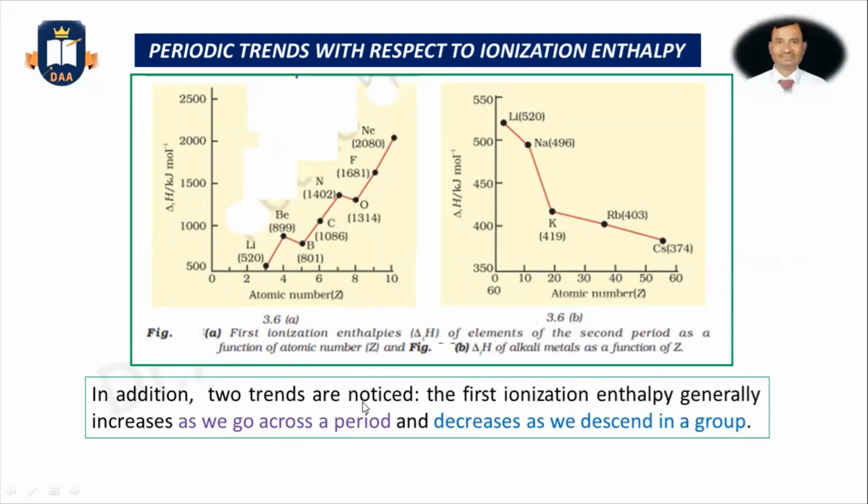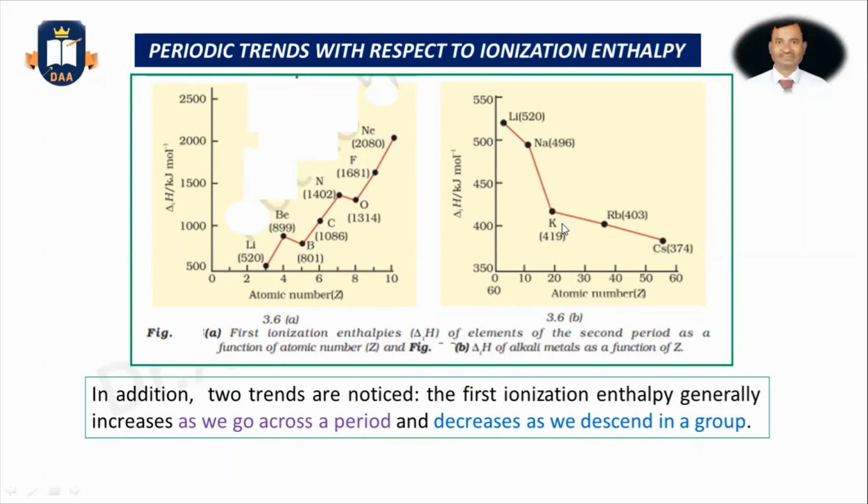So two trends are noticed. The first ionization enthalpy generally increases as we go across a period. This is the second period: lithium, beryllium, boron, carbon, nitrogen, oxygen, fluorine, and neon. Across the period, the first ionization enthalpy on the y-axis increases.